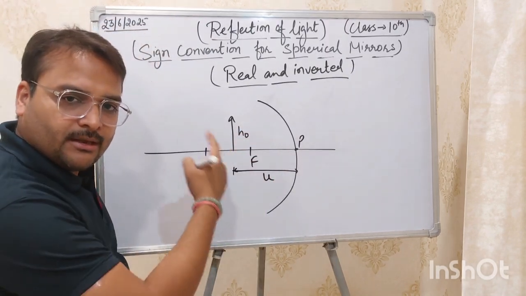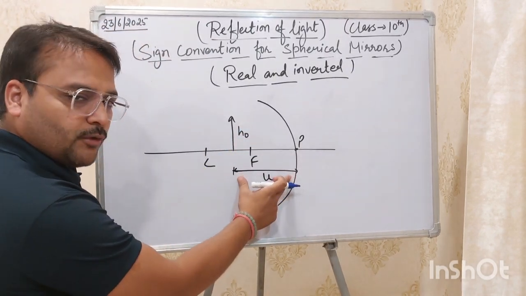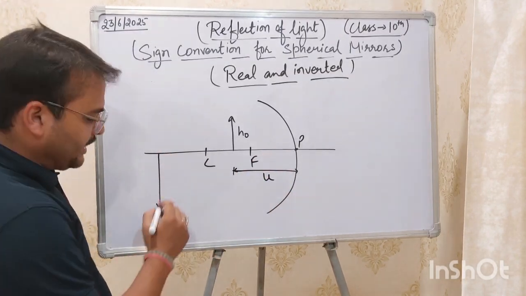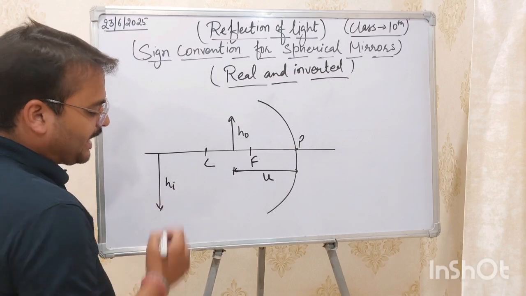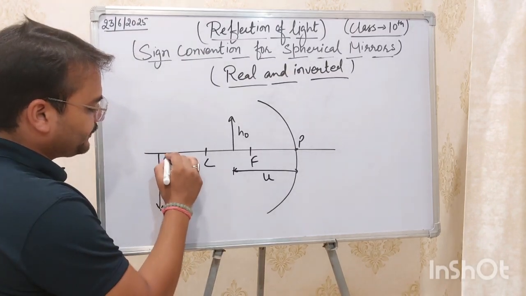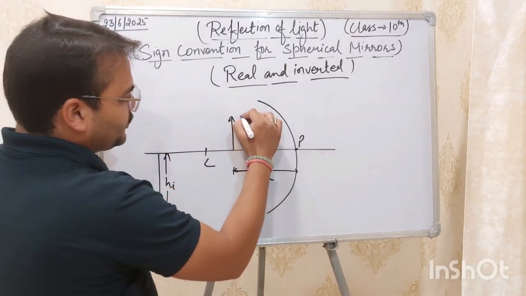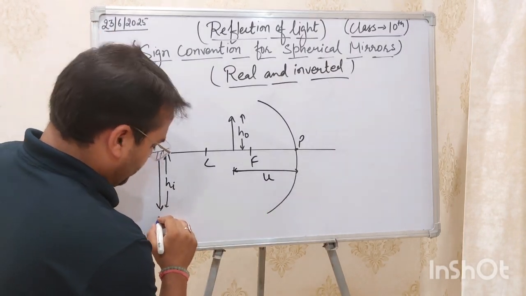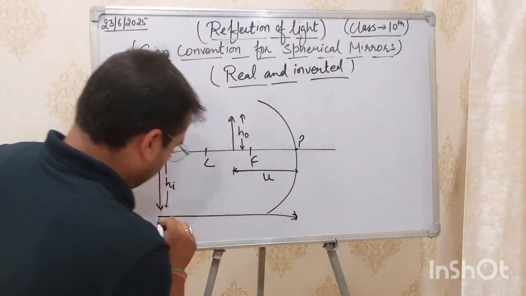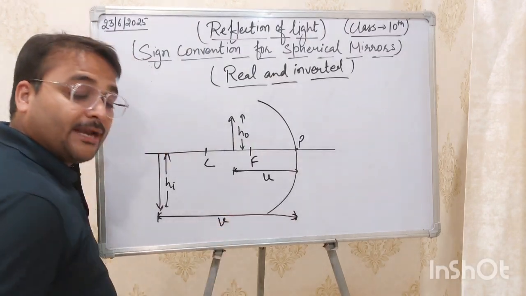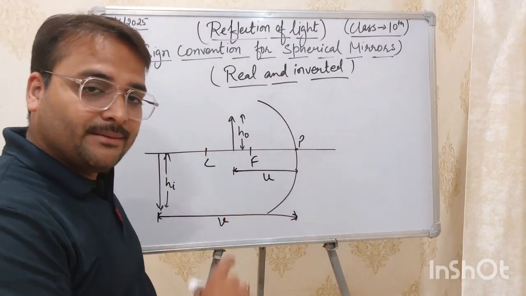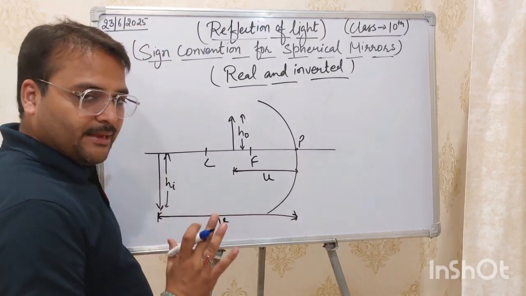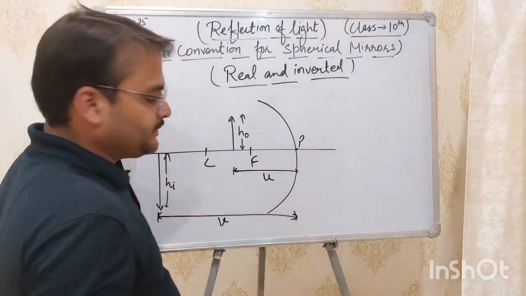Now you know the image is formed here. This is a real image, and this is the height of the image. The position of the image from the pole we call V. V is always the same for the real image and for the virtual image.